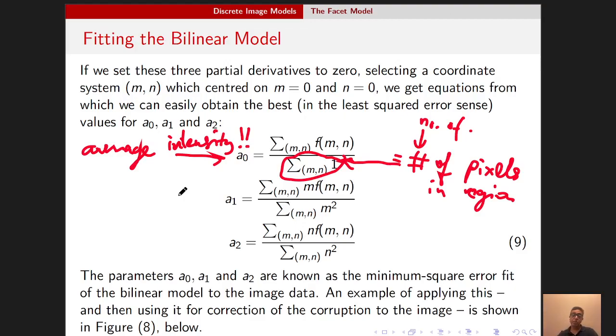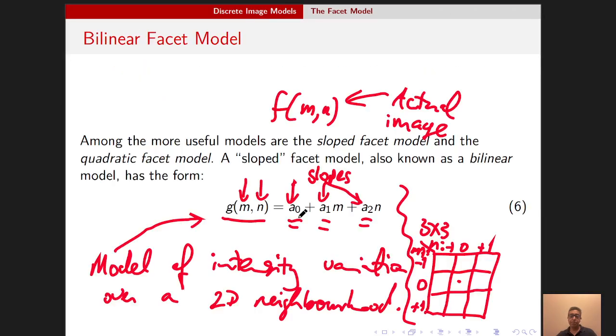Okay, the A1 term is going to be given by the sum of again its intensities, but this time every pixel intensity is also multiplied by its own M value. So the M values, just to remind you, will be going like this, so -1, 0, +1. So effectively, every pixel in here has an M value and also an N value.